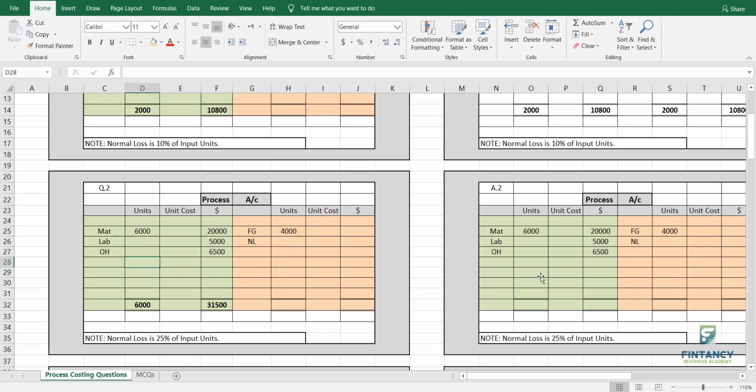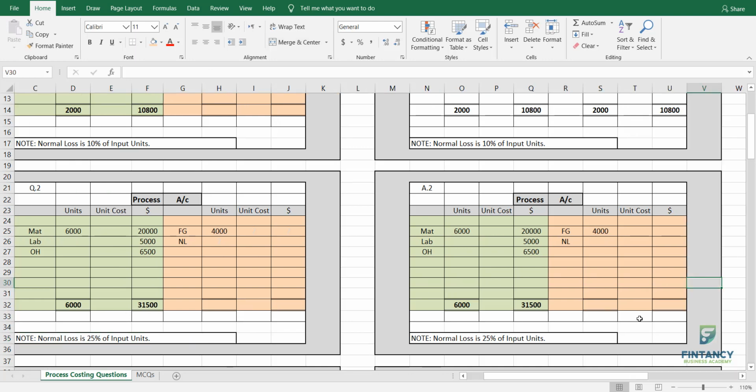They are saying the units input into the process are 6,000, the cost was 20,000 for material, labor 5,000, overhead 6,500, total is 31,500. Then they say finished goods are 4,000 and normal loss is 25% of input, right?